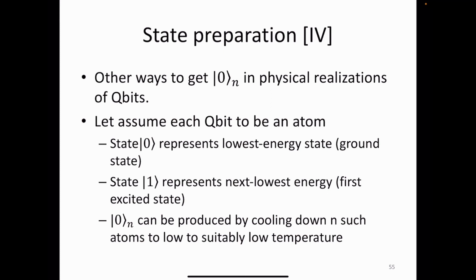And the state 1 can be, for example, the next lowest energy, the first excited state. So if we cool that system down, we will also have a configuration that we can use as a starting state.